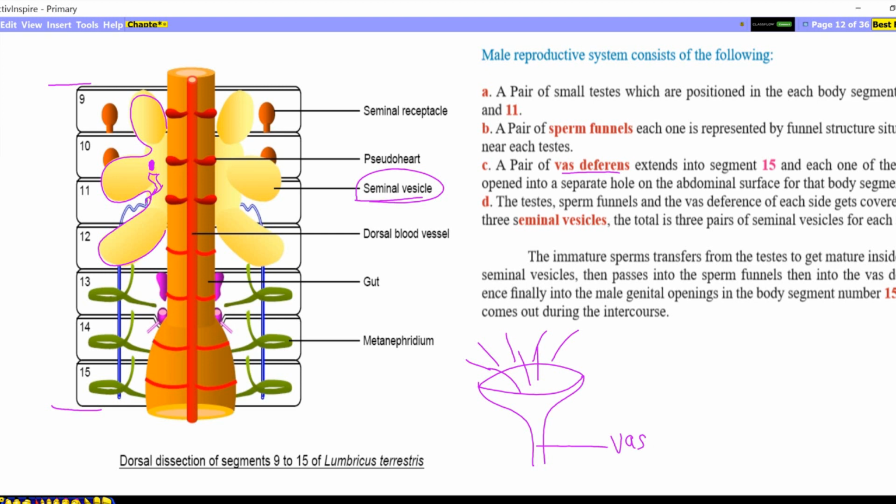A pair of vas deferens extend into the segment 15, from the segment in which sperms are released from the testis into the seminal vesicle.